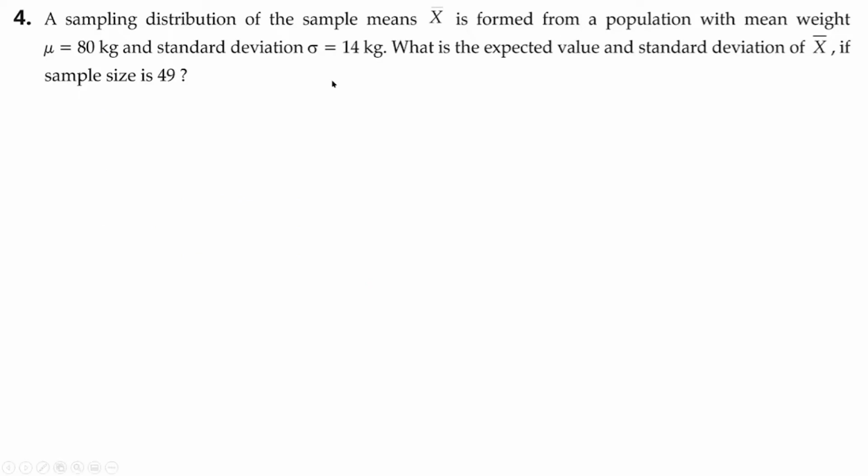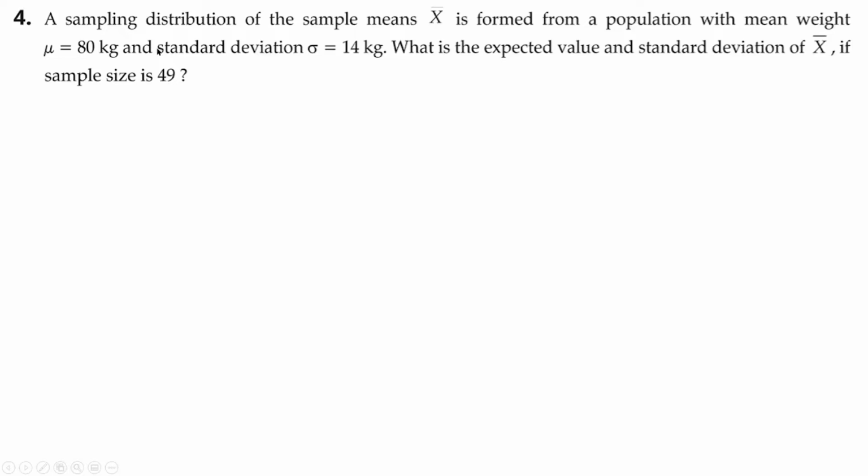Now we have a question based on the standard error of mean. A sampling distribution of the sample means x bar is formed from a population with mean weight mu equal to 80 kg and standard deviation sigma equal to 14 kg. What is the expected value and standard deviation of x bar if the sample size is 49?